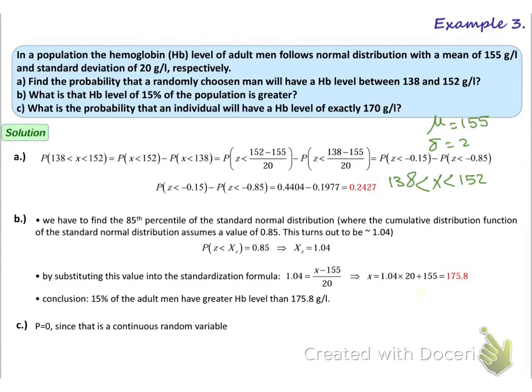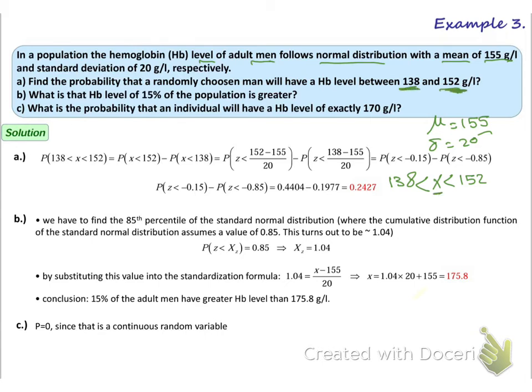So here in this problem, he said that in a population, the hemoglobin level of adult men follows the normal distribution with the mean, which they give us, mu, okay, and the standard deviation, which is 20. Find the probability that a randomly chosen man will have a hemoglobin level between 138 and 152.